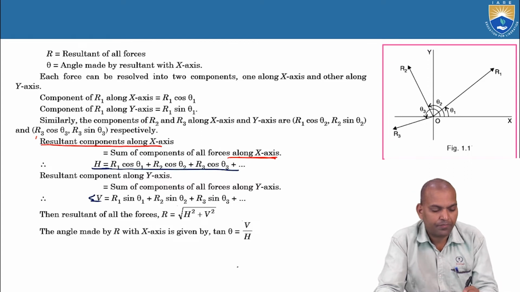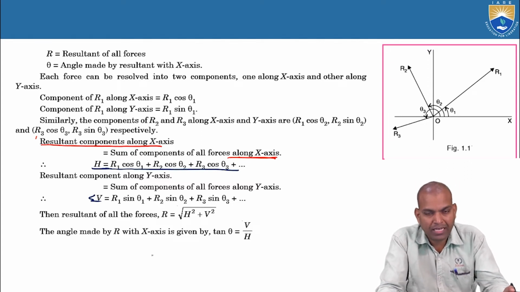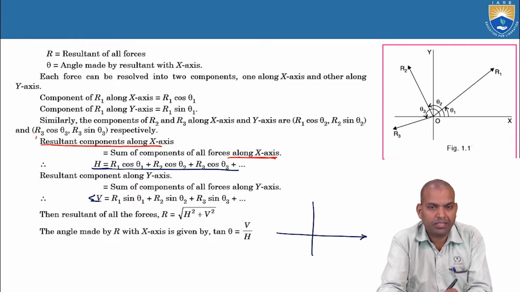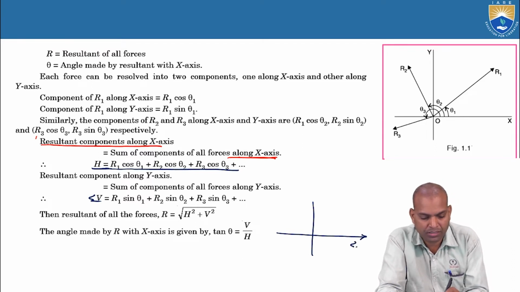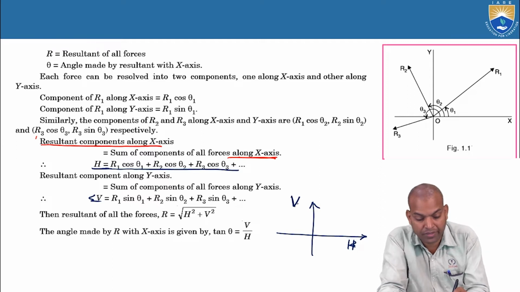Now, based on whether the value is positive or negative, the resultant comes. Suppose here we are considering all our positive horizontal components, this is the h value, and all our vertical positive forces is the v value.